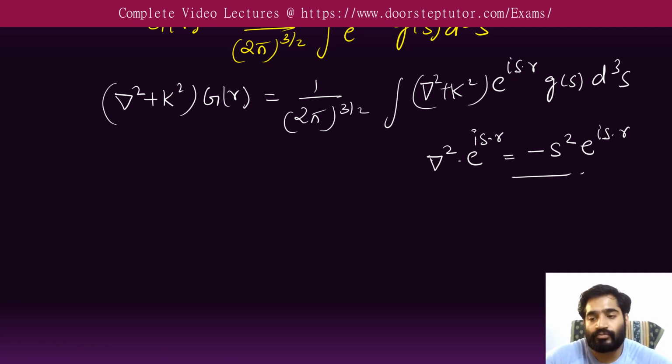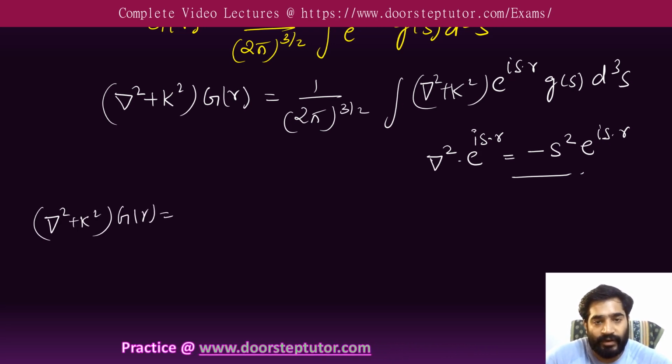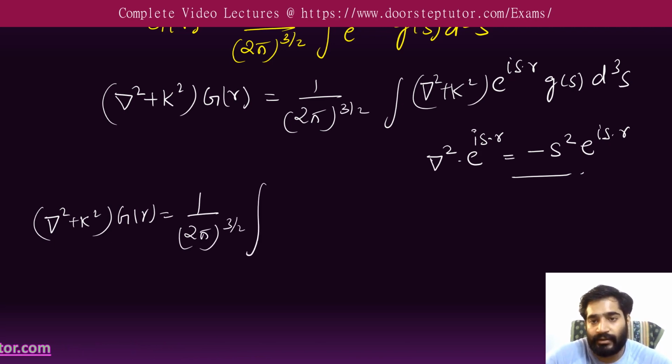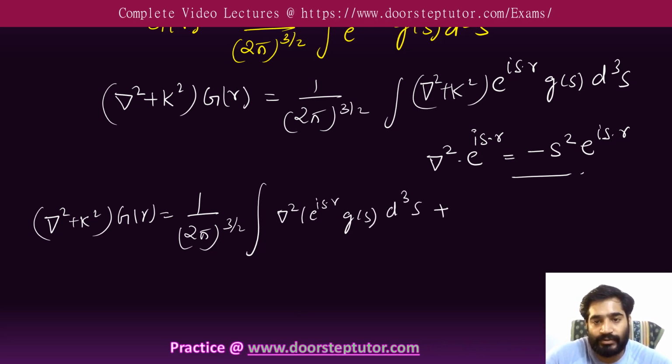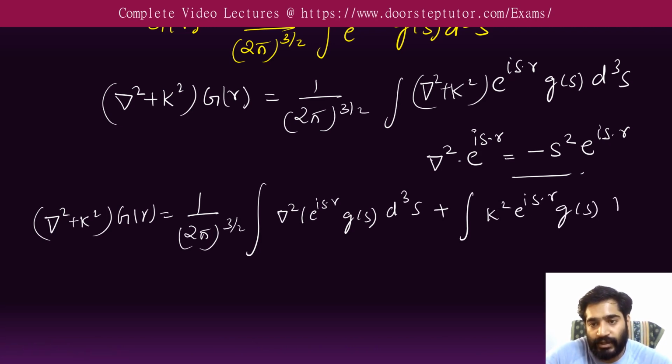Let me show you first, then we will decide. If I solve this, the constant will remain the same, and I multiply with e to the power i s dot r, g of s, d3s, plus the integral of k square e to the power i s dot r, g of s, d3s.